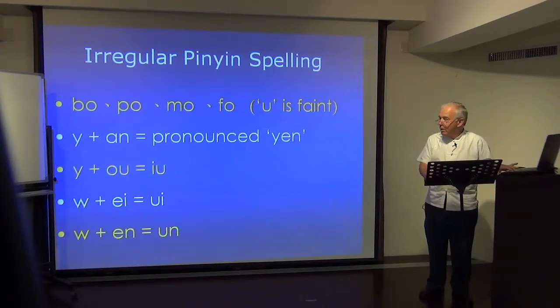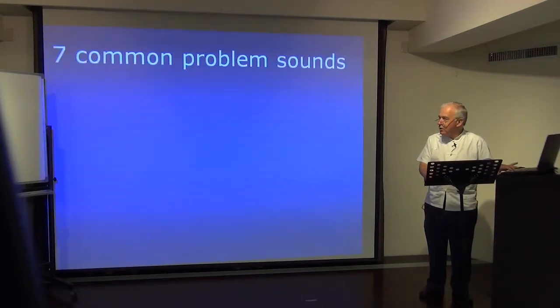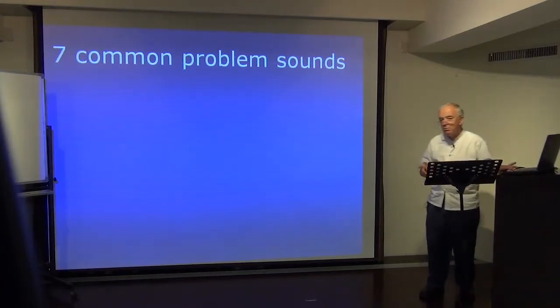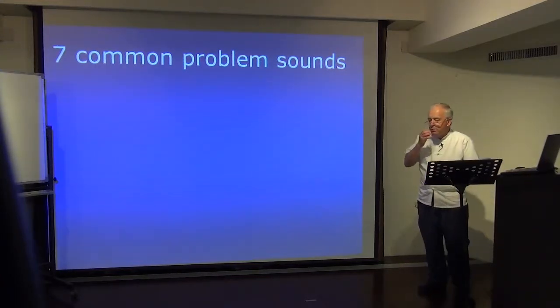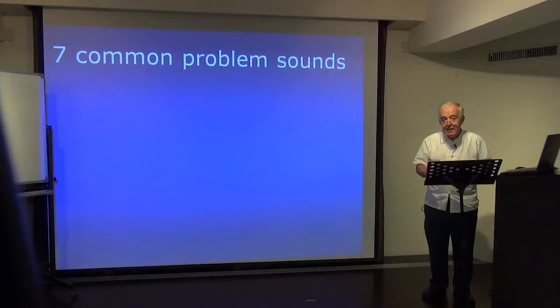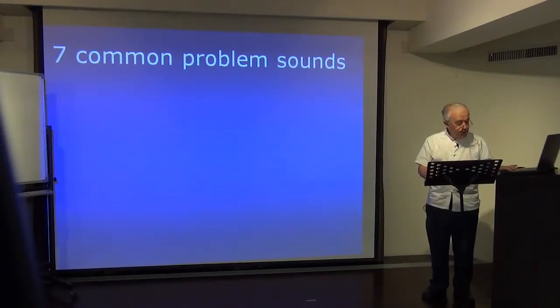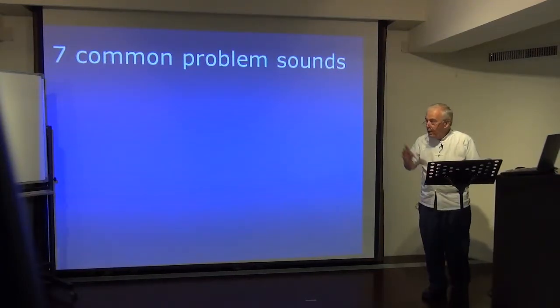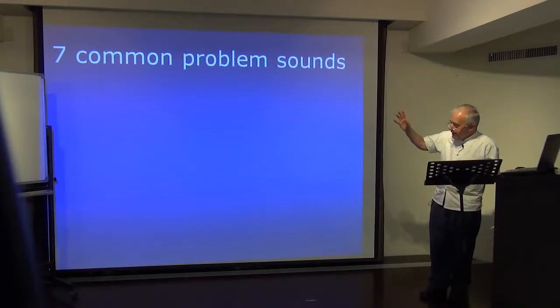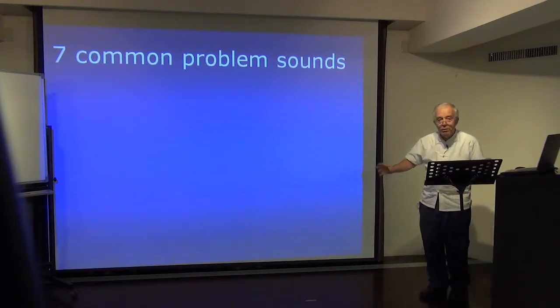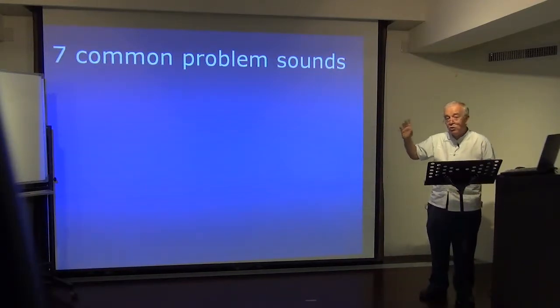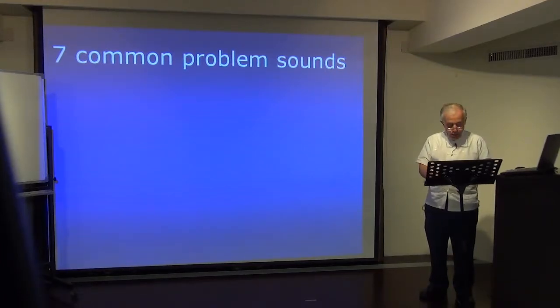Now, what I'm going to do now is to look at 7 common problems that people whose English is their mother tongue often have with learning Chinese. And so if you understand which are the 7 problems and help your students, most of the other sounds in Chinese are not a problem.